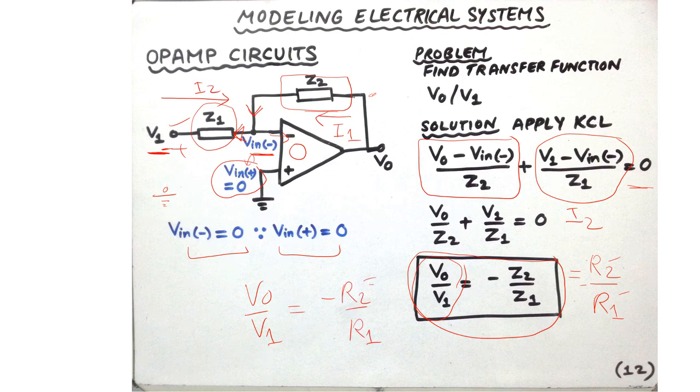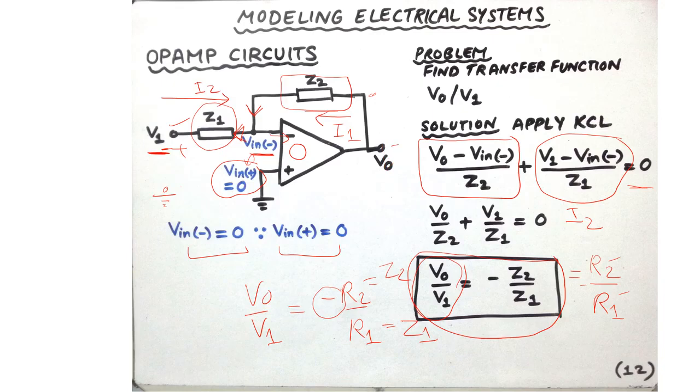This negative sign can be eliminated by adding another stage of an op-amp after this, or if we're smart enough, we can just use the non-inverting terminal.